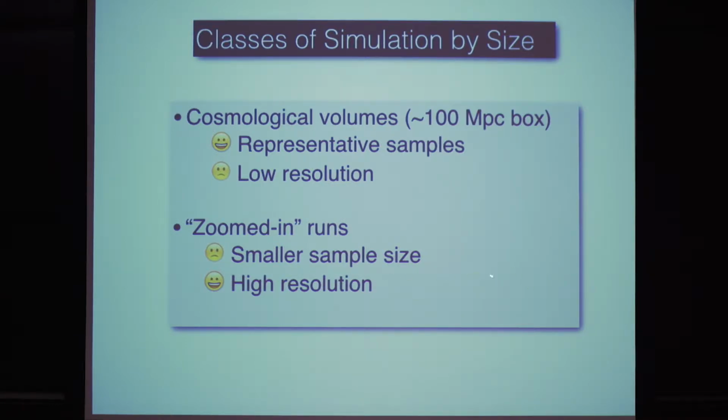These will always have a smaller sample size, because you're doing zooms, but they will be higher resolution so you can attempt to resolve the structures of individual galaxies. These are going to be most relevant for the problems I've talked about today, because the problems I pointed out have to do with the structure of galaxies on very small scales. It's with these zoom-in runs that you can achieve force resolutions of order tens of parsecs in a cosmologically self-consistent simulation.